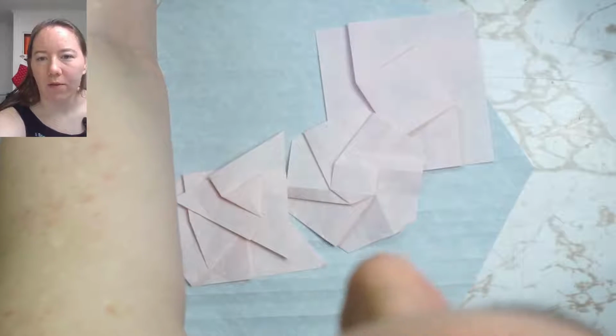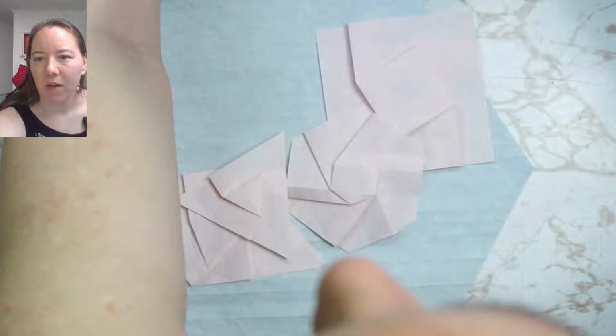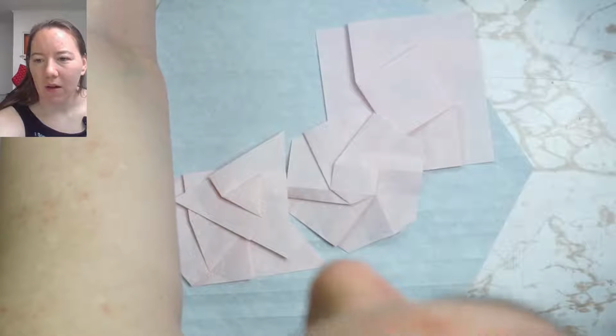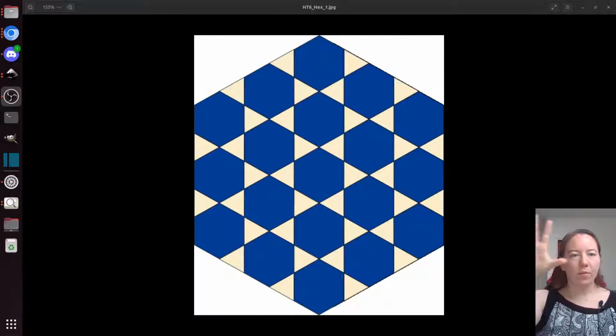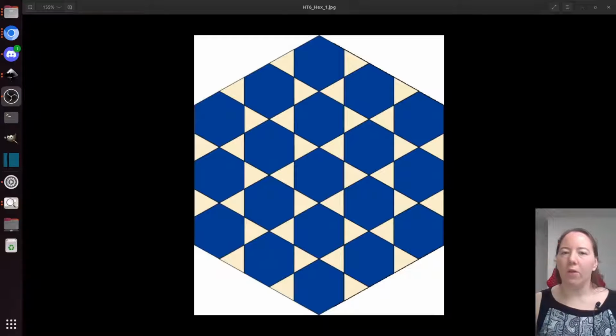So if we're looking at arrangements of shapes and we want to see the connectivity, well, we can see this arrangement of shapes is alternating hexagons and triangles. I also call it hexagons and triangles sixfold because there's 6 of the same thing around each hexagon.